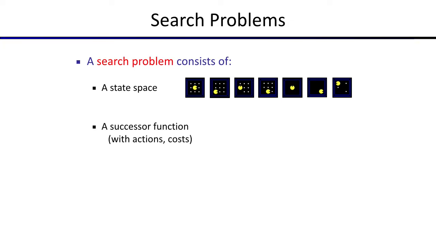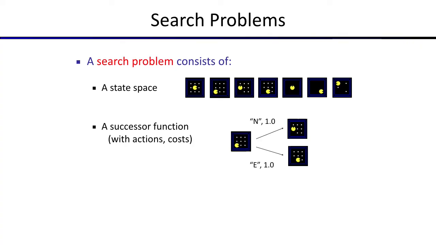There's an example. A successor function is something that says, given my current state and an action I want to take, what will the resulting state of the environment be? And here you can see in this state, if Pac-Man moves north, then it's going to go up 1, and there will not be a dot there anymore. If it goes east, it'll be over 1, and there won't be a dot anymore.